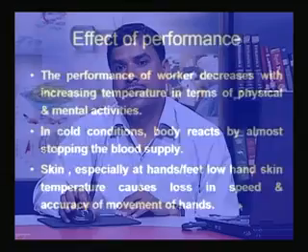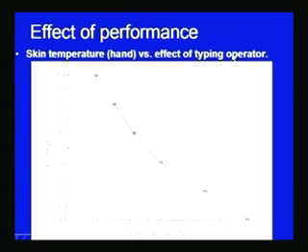So, those activities which require close control over the speed and movement of the hands are adversely affected, especially under low temperature conditions. For example, a typist's typing efficiency is very adversely affected under low temperature conditions.